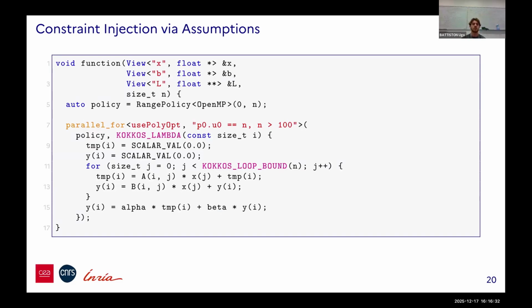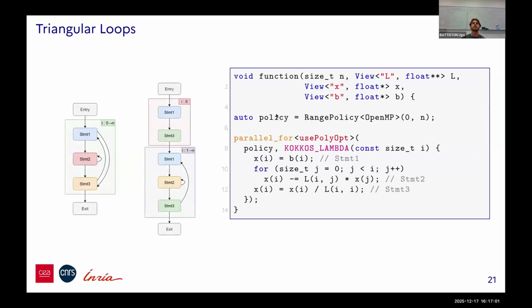With the assumption string we can say the policy 0 upper bound 0 is equal to N, because we have marked the upper bound N inside the kernel with a Kokkos macro, Kokkos loop bound. I also put an example of another assumption with inequality. It's possible.